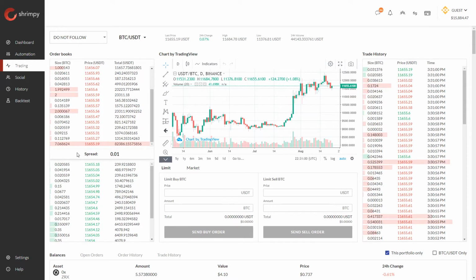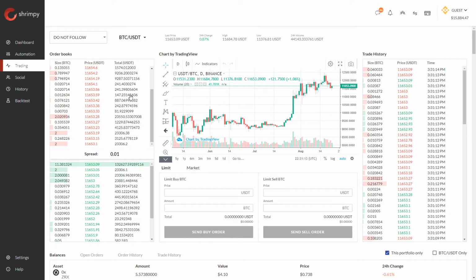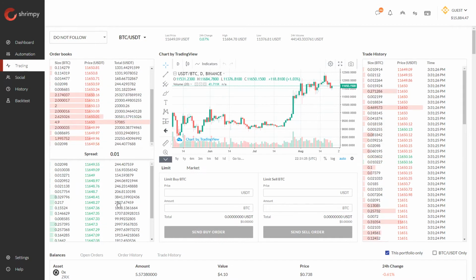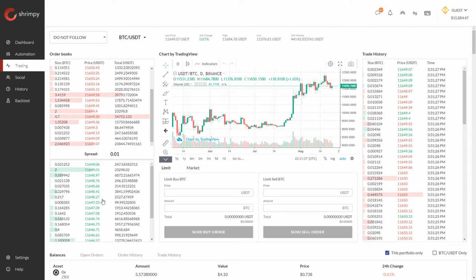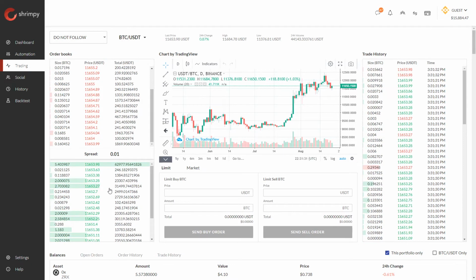When we're talking about people who would like to buy or sell Bitcoin, the top order book up here are orders that are trying to sell Bitcoin. So essentially sell Bitcoin for, in this case, USDT. And on the bottom here, we have orders that are trying to buy Bitcoin. So buy Bitcoin for USDT.